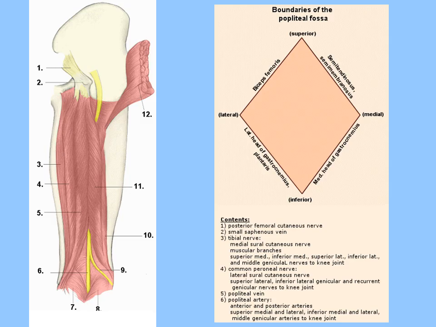Once again, the contents of the popliteal fossa include the sciatic nerve and its branches, the common fibular nerve and the tibial nerve. Coming off the common fibular nerve or common peroneal nerve is the lateral sural nerve, which is a sensory nerve. And coming off the tibial nerve is the medial sural nerve, also a sensory nerve.